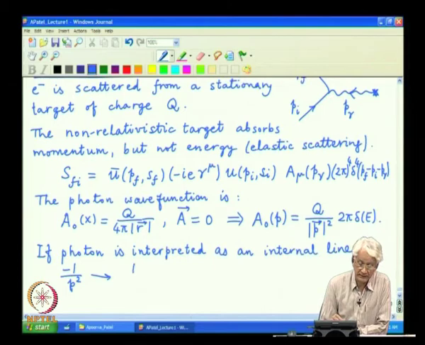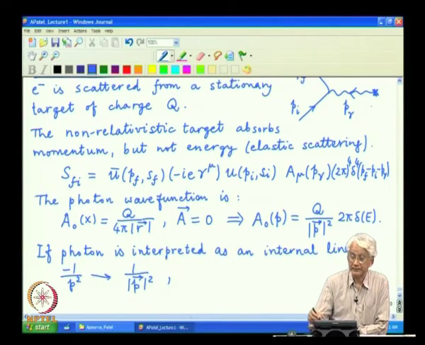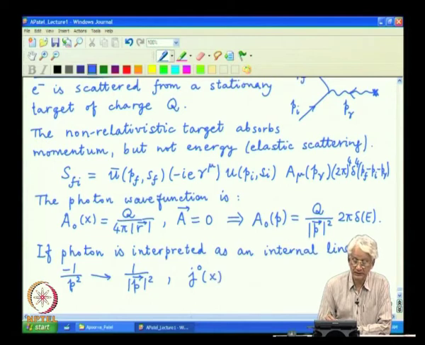So, this becomes 1 over p square, and the cross sign which I have been representing as the source of charge q can be used to describe the source.